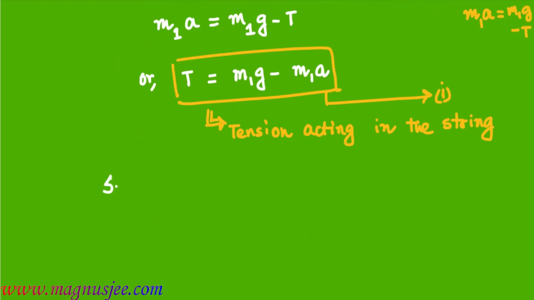Now we can consider the motion of the body of mass m2 up the inclined plane AB.